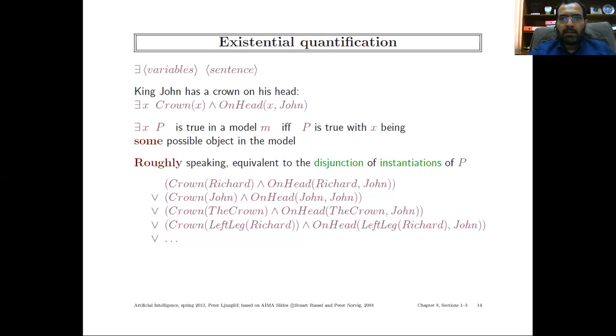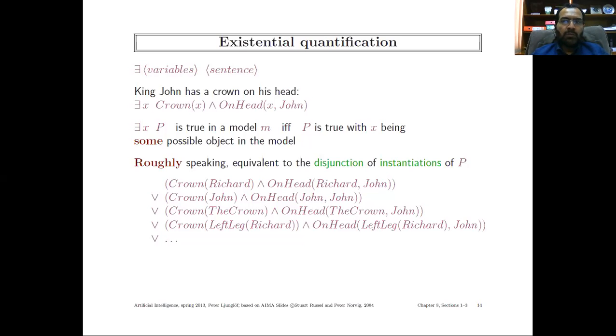So here we are referring to the existential quantifier, or there exists. Then we have the variable, crown x, and on head x comma John. It means the crown is on the head of John. So there is a crown, crown x, and it is on the head of John.